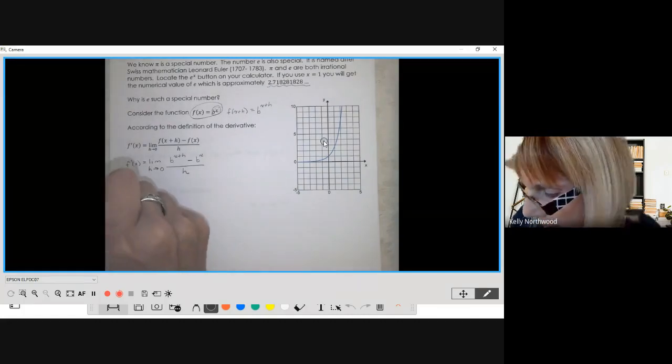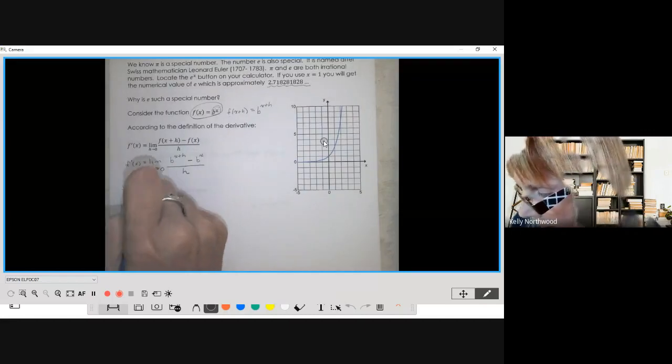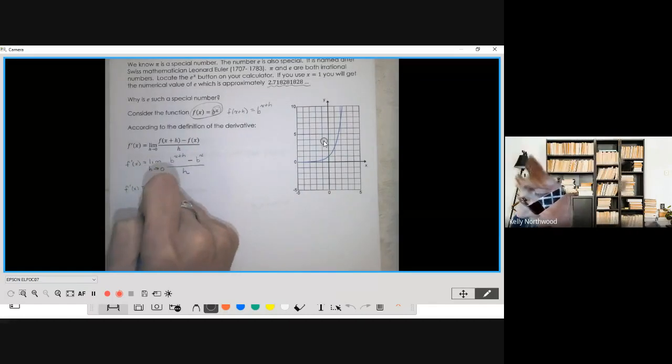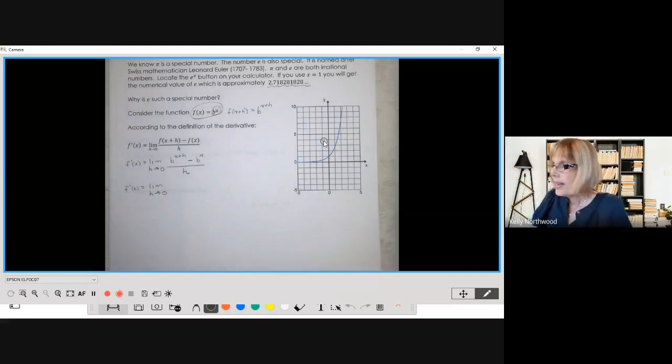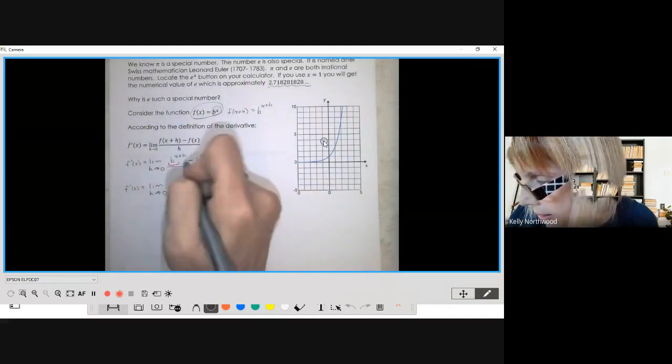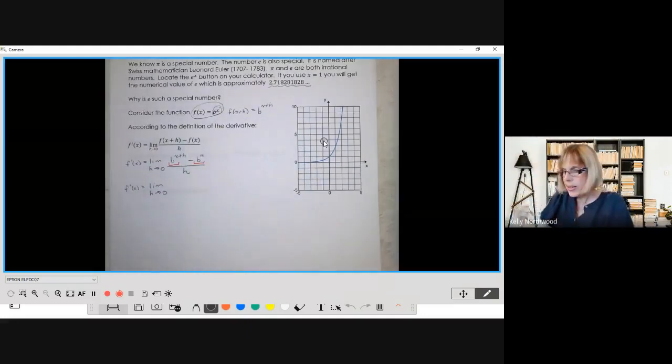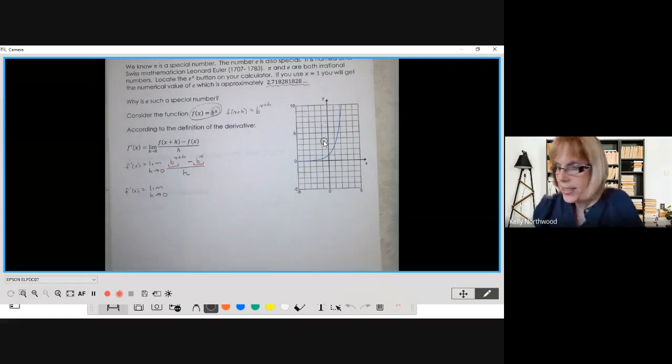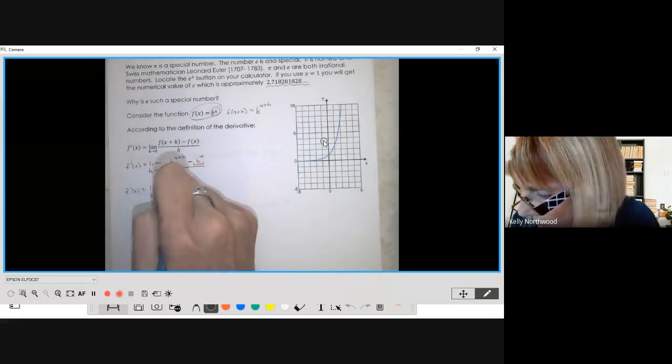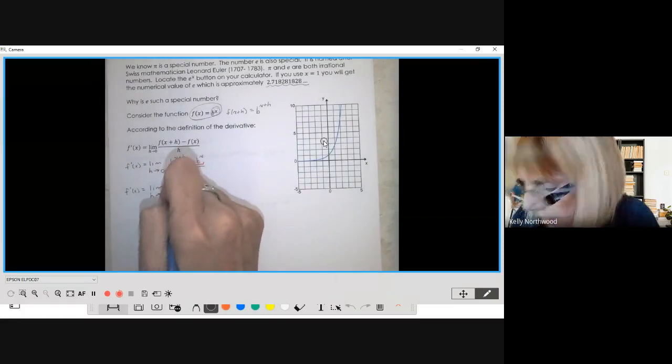And if you look at these, there actually is a common factor, and that common factor is b to the x.